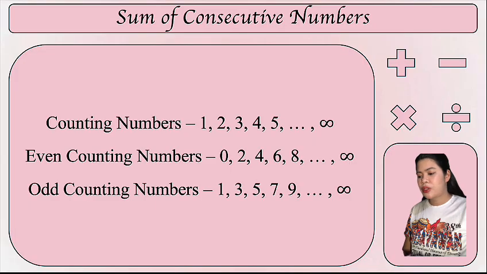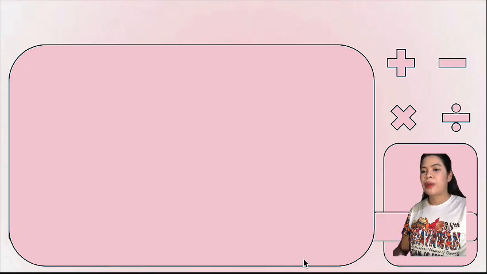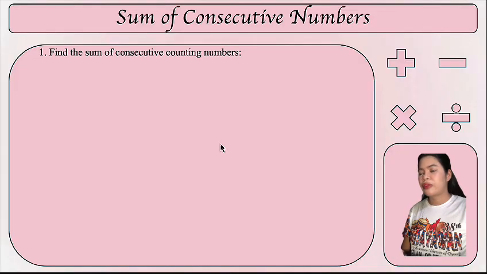So even numbers are those numbers that are divisible by 2, except 0. And the odd counting numbers are those numbers that are not divisible by 2. So let us proceed to our first problem. Our first problem would be find the sum of consecutive counting numbers.